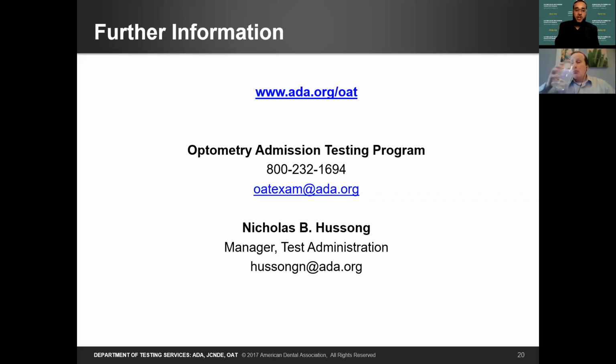So I want to talk a little bit more about the OAT and how it's factored in schools' decisions. I know you can't really speak to that, but is there any bit of feedback or advice you can provide students? I guess I would just say that, like I said, 300 is what we would consider to be average based on national performance. So if you got above 300, you got an above average score, and if you scored below, that's a below average score.